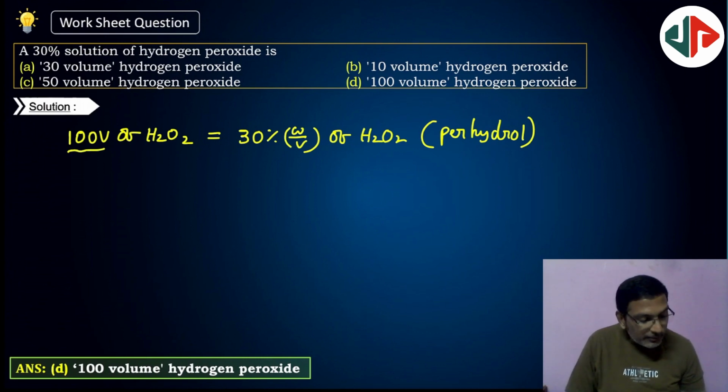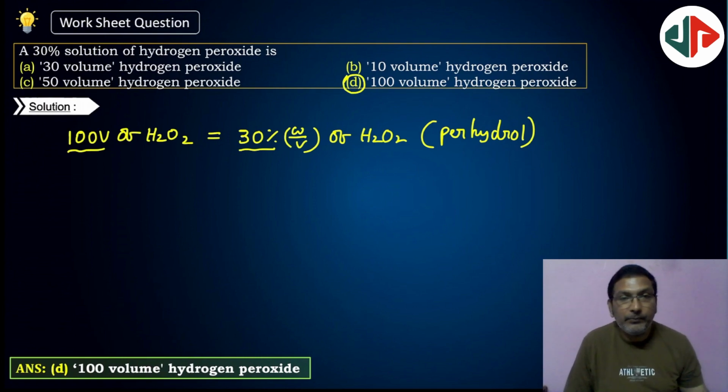So 100 volumes will be equal to 30%. Here a 30% solution is given, therefore it is equal to 100 volumes. Remember this. If it is 10 volumes, it is 3% weight by volume. Next.